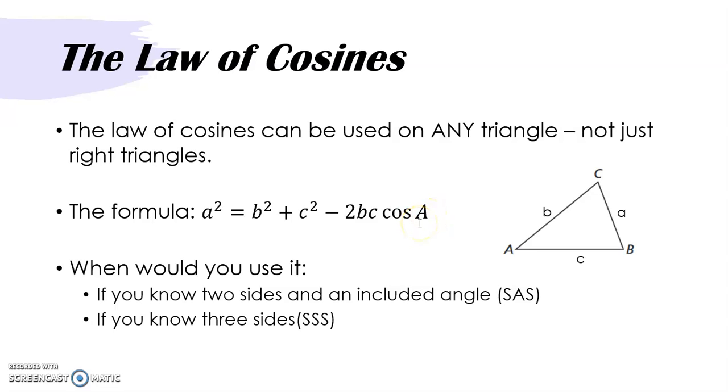So the more you use it and the more you make those connections, that it's like the Pythagorean theorem where you're squaring the sides, A squared equals B squared plus C squared, and then it's minus 2 times these 2 sides, and then the cosine of angle A, the more you practice that, the more you'll remember it.